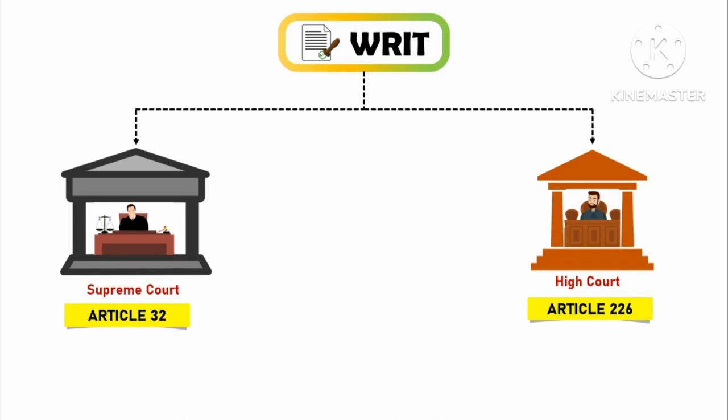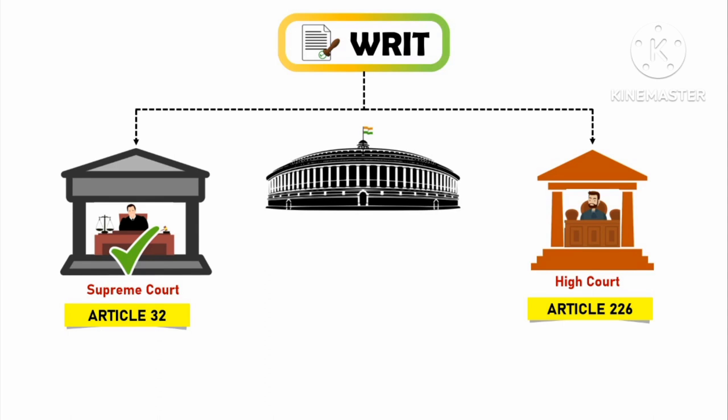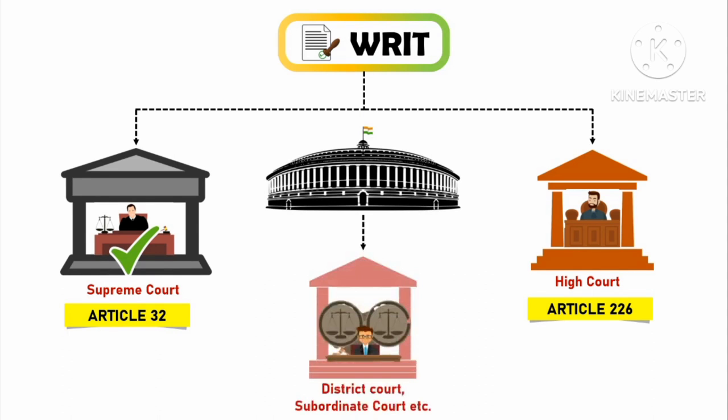The right to move the Supreme Court in case of violation of a fundamental right is in itself a fundamental right, since it is contained in Part 3 of the Indian Constitution. Apart from these 2 courts, Parliament can empower other courts also to issue writs. But as of now, Parliament has not given any other court the power to issue a writ. But if ever needed, it can be done.